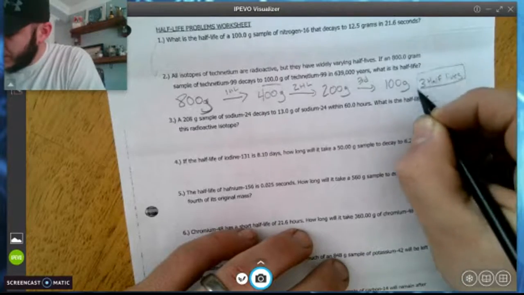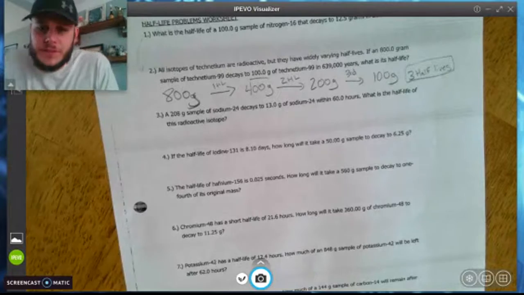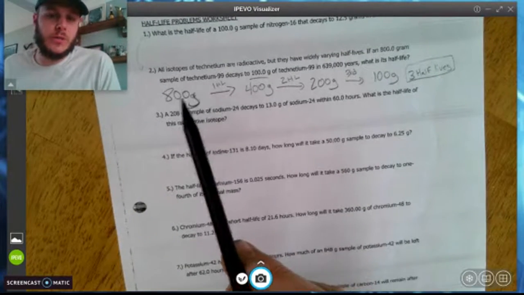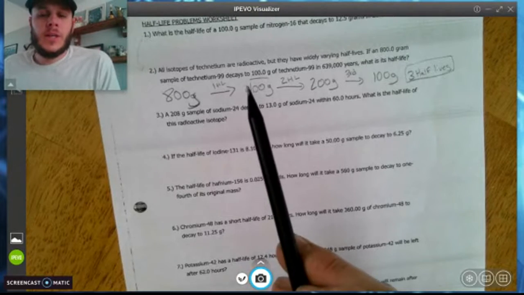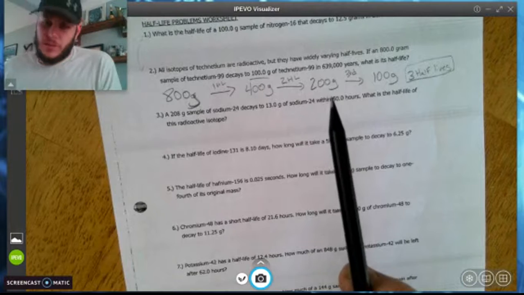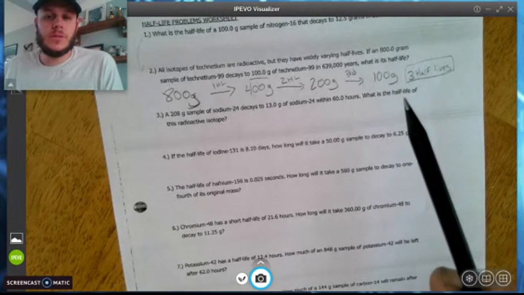That's 3 half-lives. And then the math is really simple, because the time of a half-life doesn't change from one to the next. The amount of time it took to go from 800 to 400 is the exact amount of time it took to go from 400 to 200 and 200 to 100. So it was 3 total cycles.